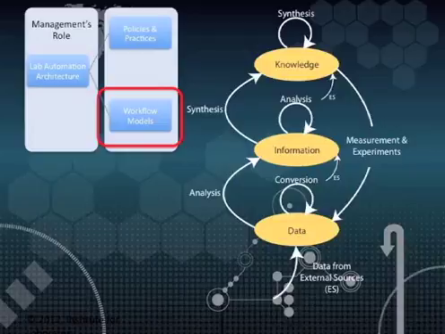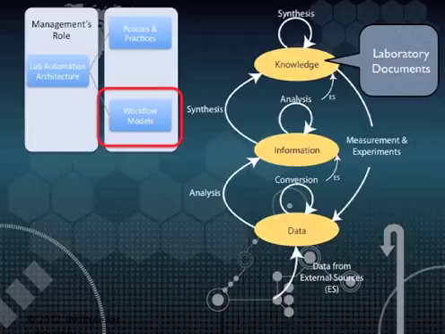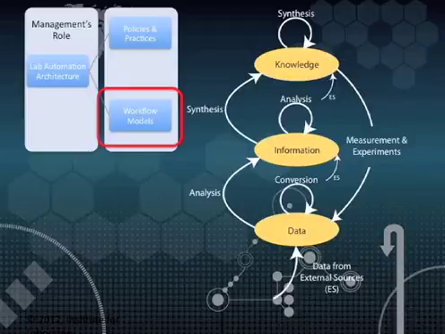For example, if you're running a testing laboratory, the knowledge database would contain all of the documents relating to that lab's operations, including test methods, hazardous materials handling, chemical inventories, personnel records, and so on.